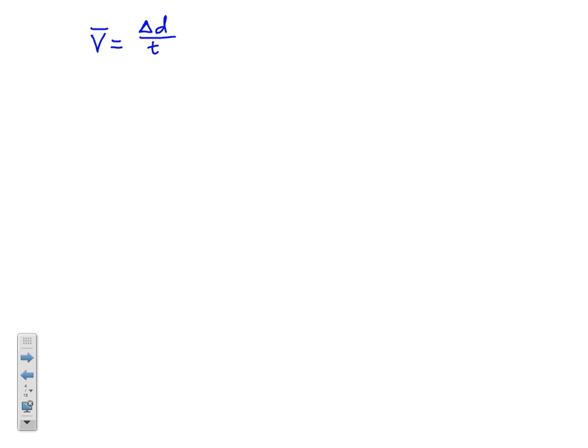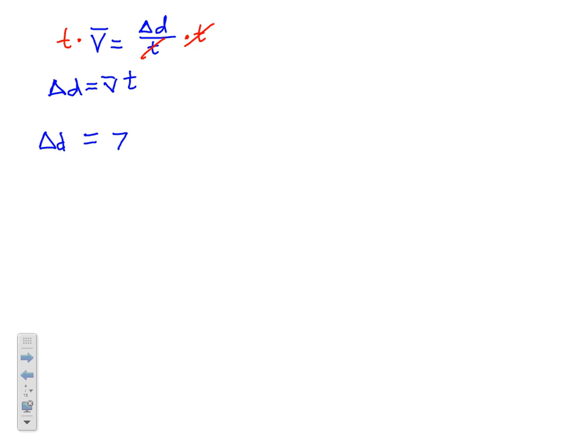Now we're trying to solve for distance or displacement, so I'm just rearranging my equation like we did before. I like my variable to the left, so it's velocity times time. You might remember it as rate times time from math class.